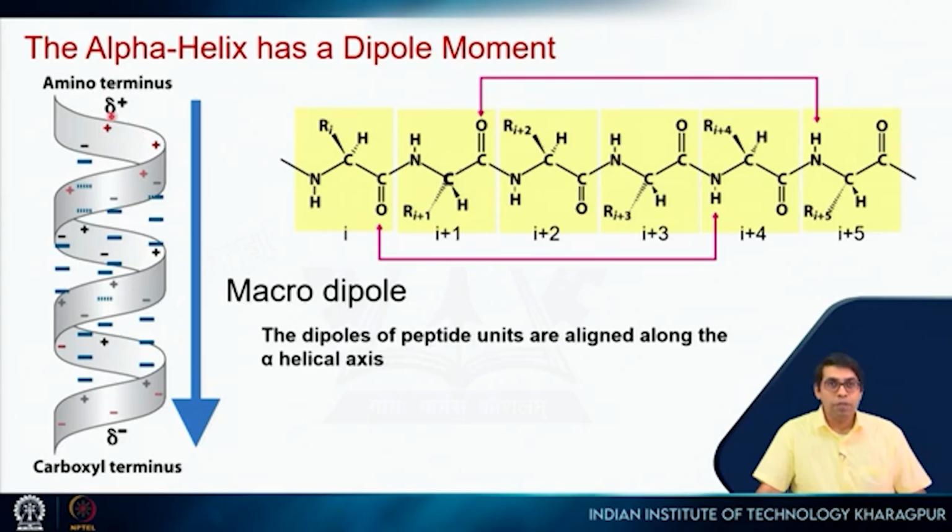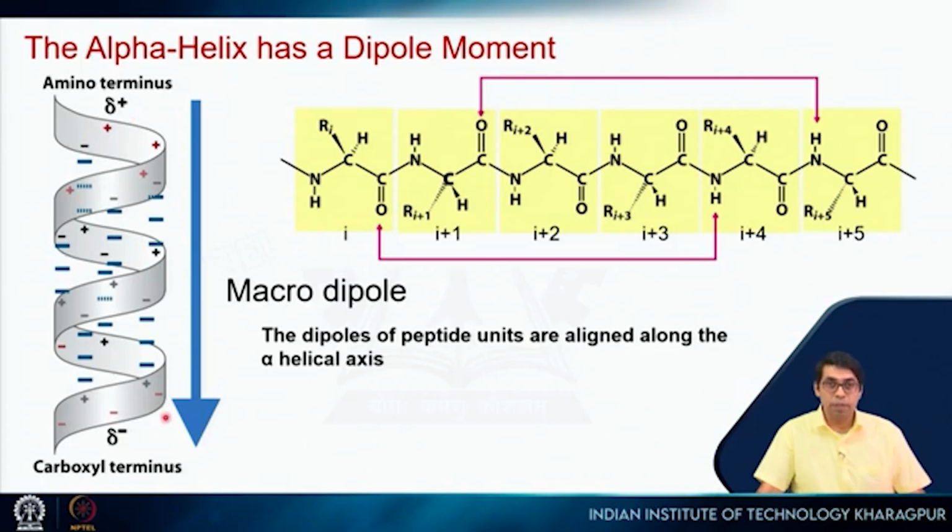So there is a net positive charge here and a net negative charge there, but again it is not a formal positive or negative charge. These values can be roughly around 0.5 of the formal charge of a proton and 0.5 of an electron. However, these charges are separated by a long distance which is the length of the helix. So this results in something called a macro dipole.